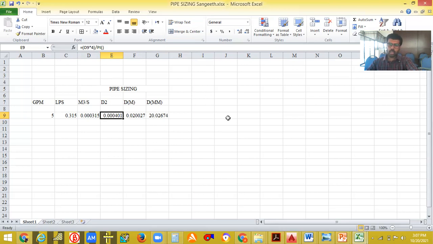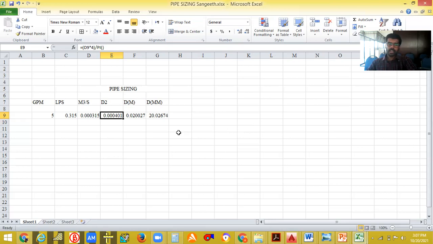One formula is Q is equal to A into V. That we are regularly studying, like in HVAC also, so you might be knowing it. Q means the flow in meter cube per second. Velocity I have taken as 3.2 feet per second, that is 0.8 meter per second.